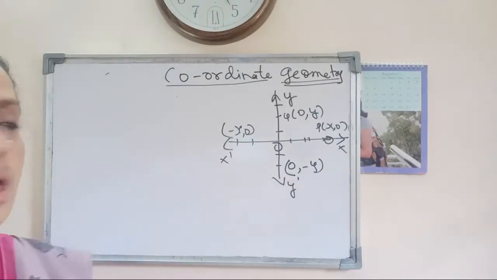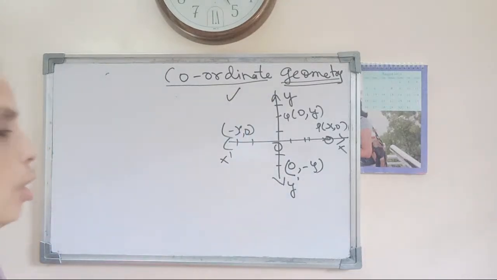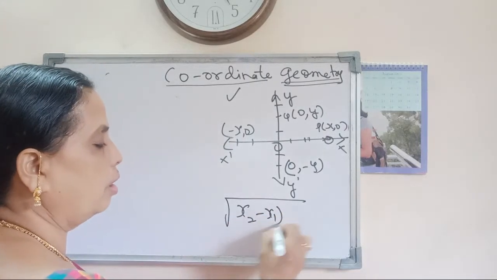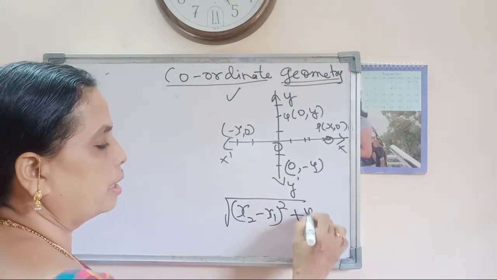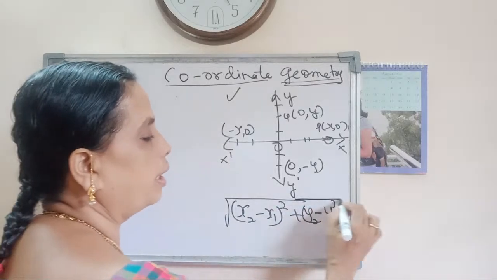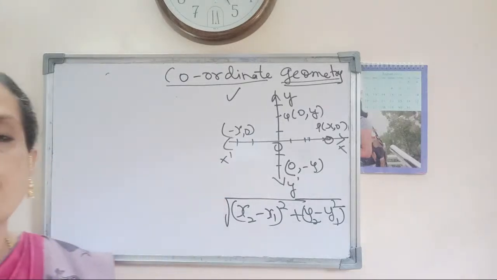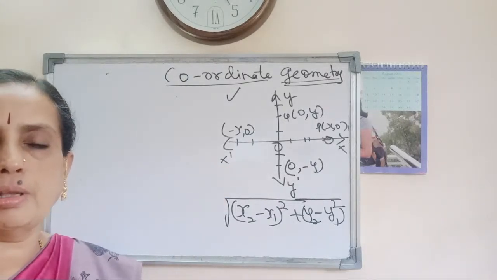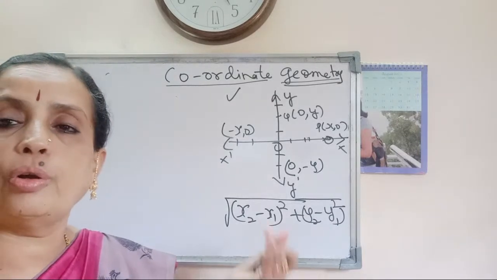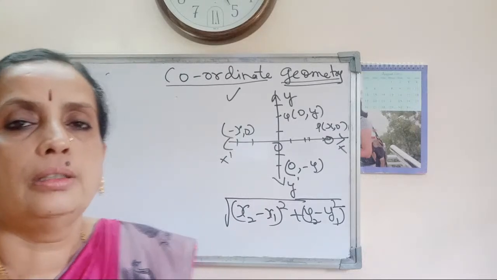This is one of the applications of the distance formula, that is root of x2 minus x1 whole square plus y2 minus y1 whole square. The first application is to find the distance between the points. The second application is to find the point on the x-axis or point on the y-axis.